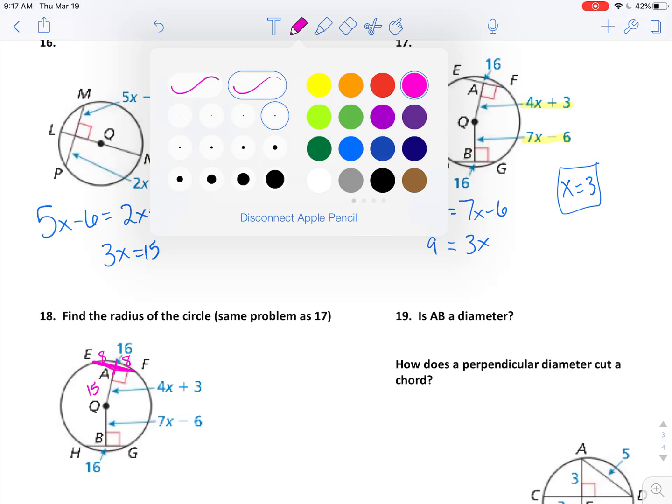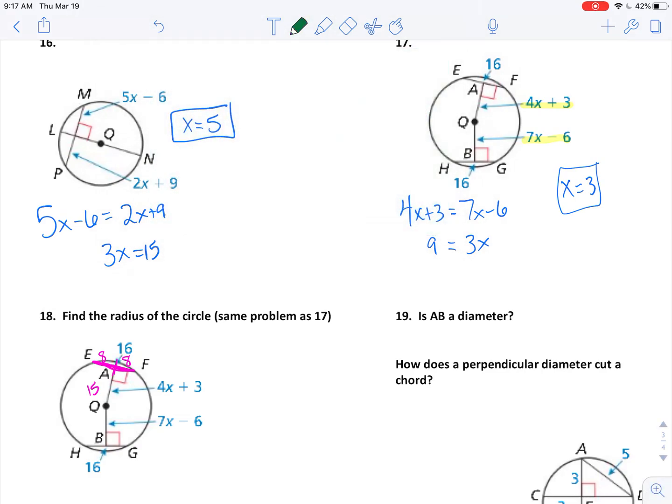This must be 8. And now I want to find the radius. So let me draw this over here. So 8, 15. What is the radius?